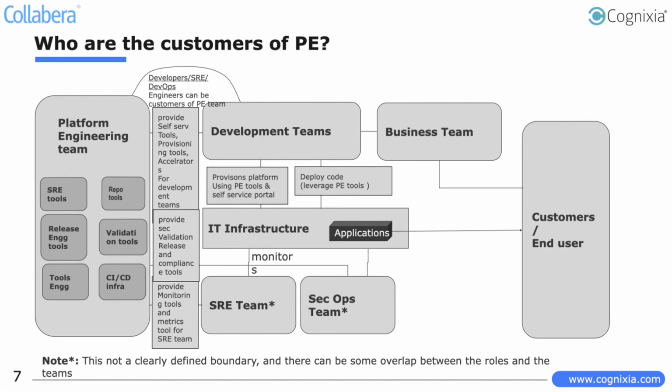In this example, the development team might just focus on delivering the business requirements, whereas the platform engineering team will provide tools, accelerators, and everything the development teams would want, so that they can deliver features as efficiently as possible. The development team themselves can do the provisioning, but like I said, platform engineering can also provision the platform on behalf of the development team.